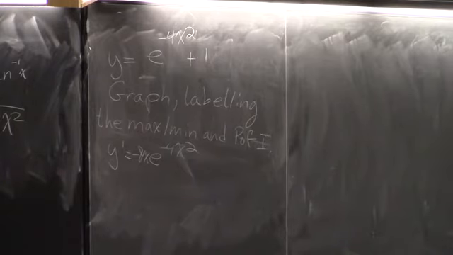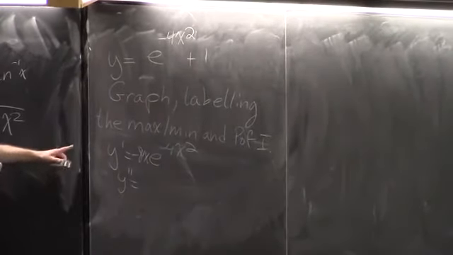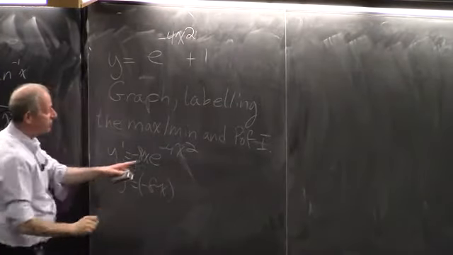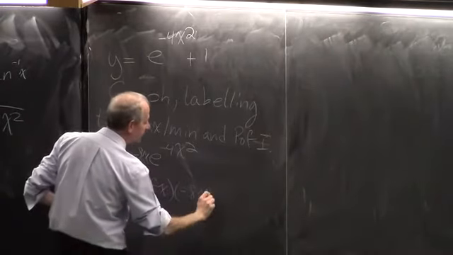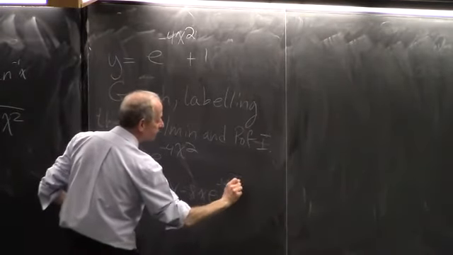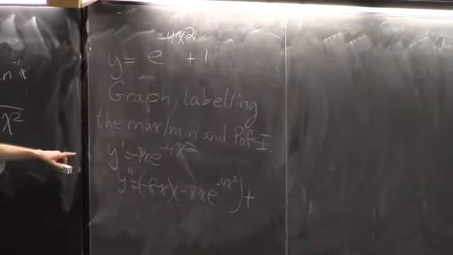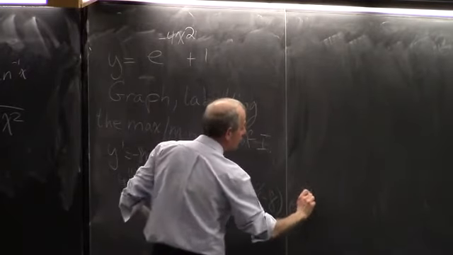All right, now for the second derivative, we need the product rule. So we could do negative 8x times the derivative of e to the minus 4x squared, which is minus 8x e to the minus 4x squared. Plus derivative of negative 8x, which is negative 8 e to the minus 4x squared.